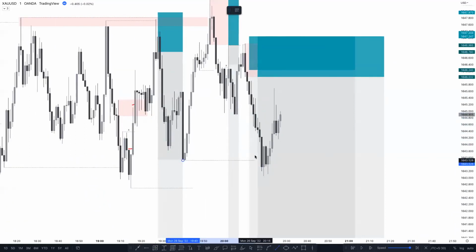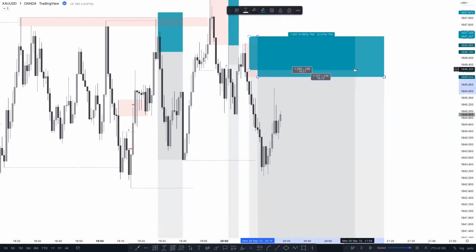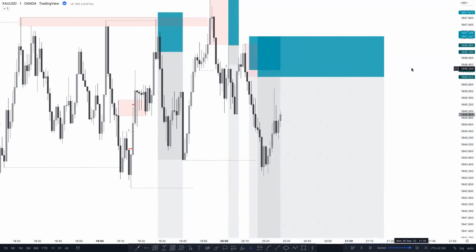Is this entry, our third entry, still valid or not? Everyone say whether this is valid or not. If yes, then why? If no, then why? You can write in the chat section also.